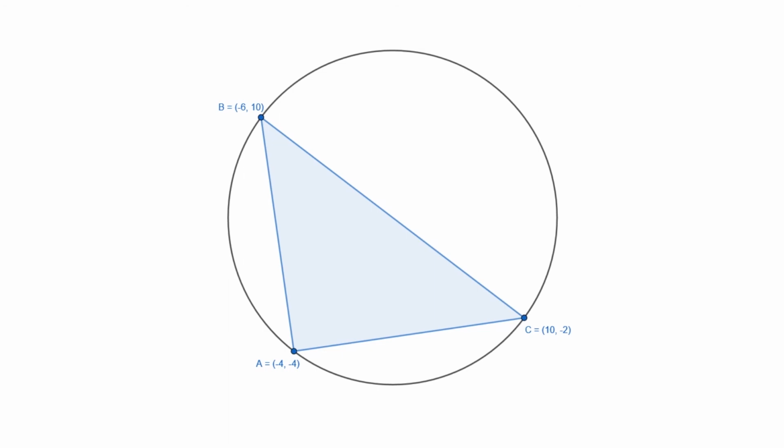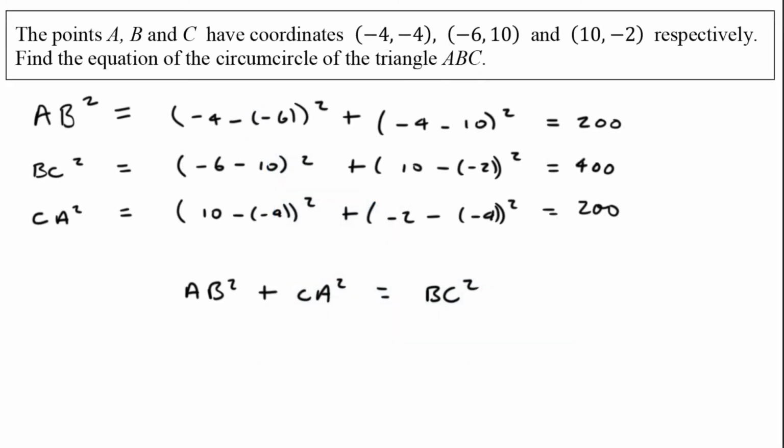Because we know that we have a right-angled triangle, we know that the centre of the circle will be the midpoint of the diameter BC. So this midpoint will have coordinates which are the average of the coordinates of B and C. Those coordinates are easily seen to be 2, 4. Since we have already done a calculation to find the length of BC, we also know the radius of the circle because it is half of that length. So to recap, we know that the centre of this circle has coordinates 2, 4.